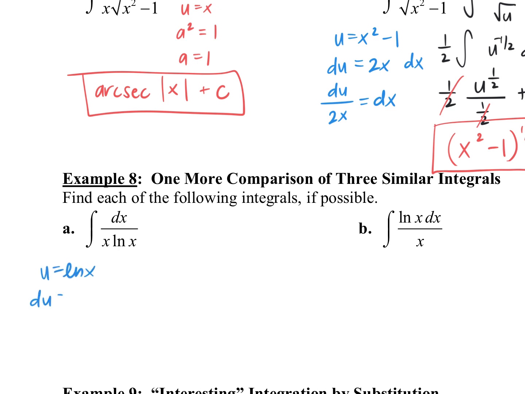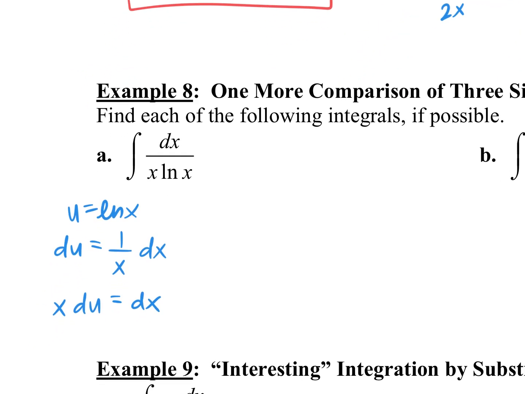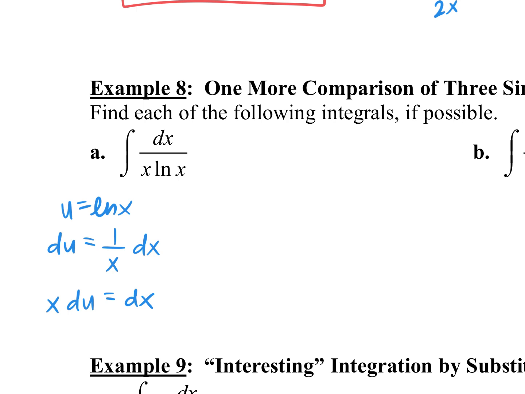What is the derivative of the natural log of x? 1 over x dx, which then I could solve for dx by just multiplying by x to give me x times du. So I can go ahead and replace that stuff in my integral.